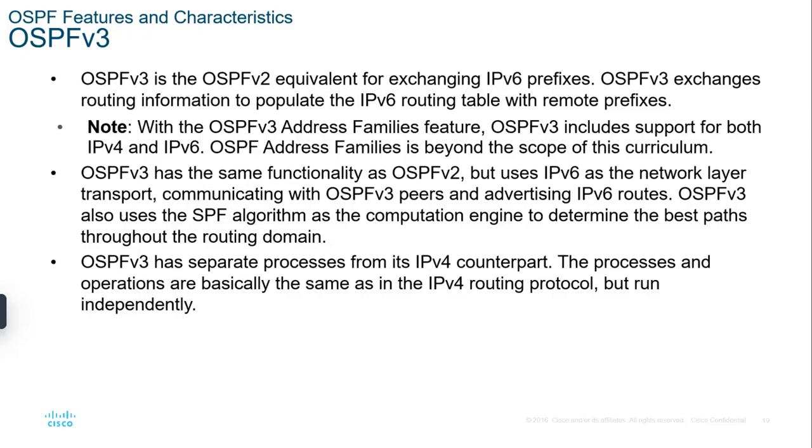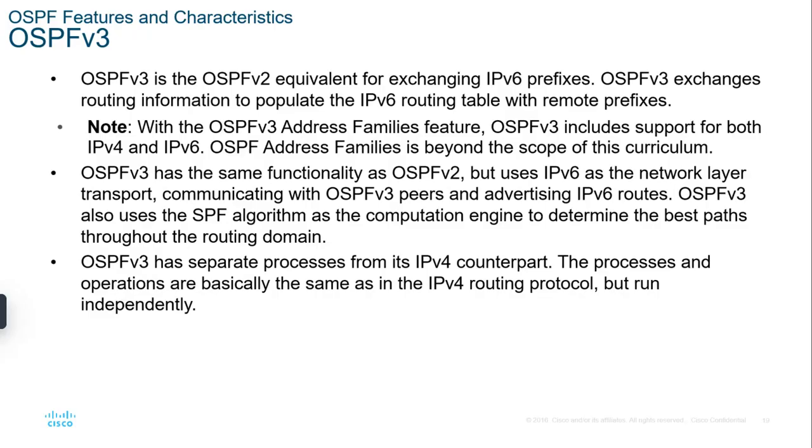Note, with the OSPF version 3 address family feature, it includes support for both IPv4 and IPv6. So once you're using version 3, you can bring in IPv4 and IPv6 together. But if you're using only OSPF version 2, you can't bring in aspects of IPv6.